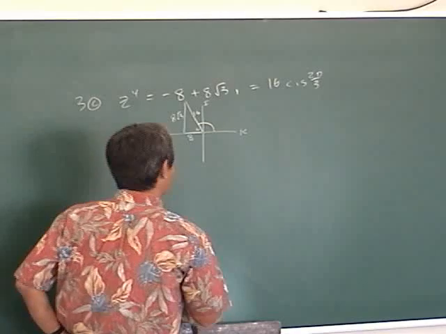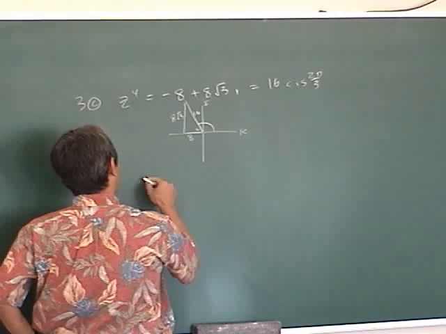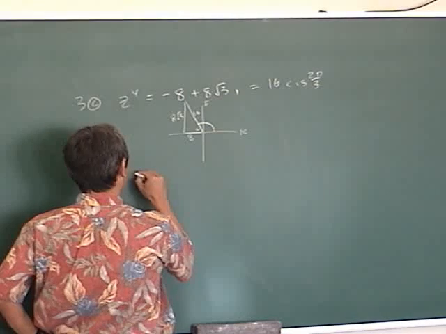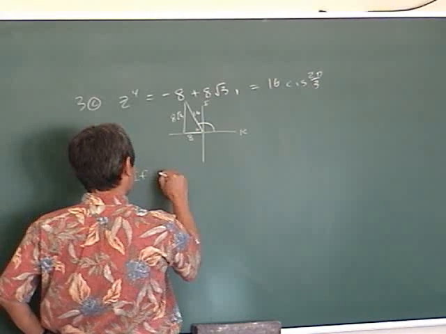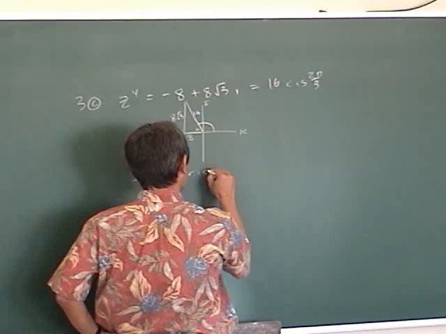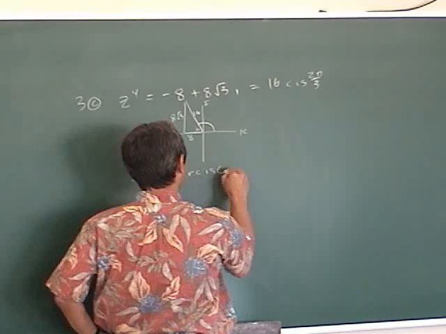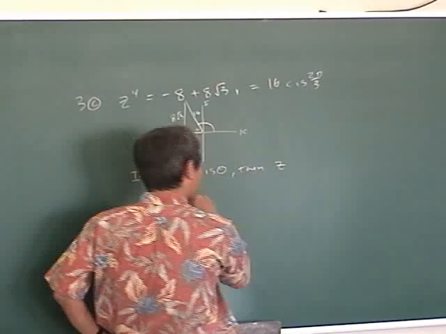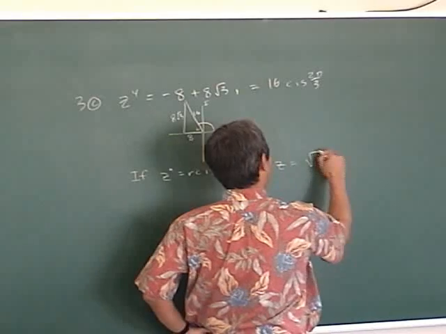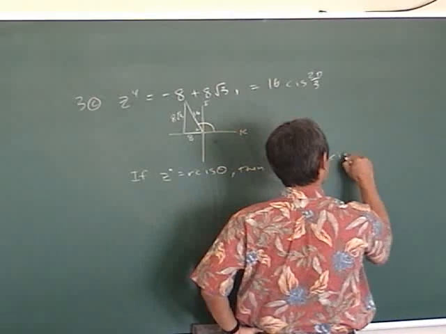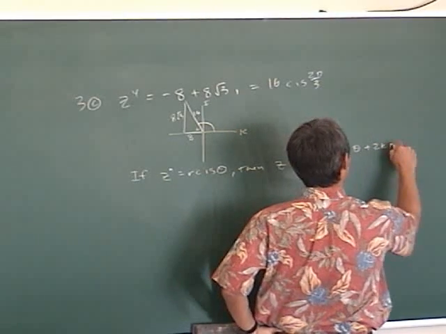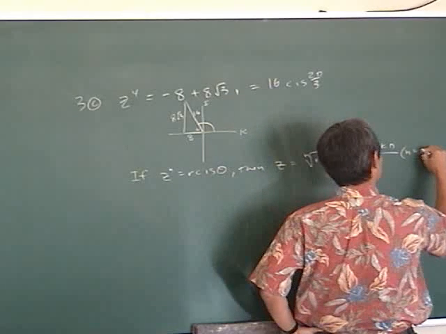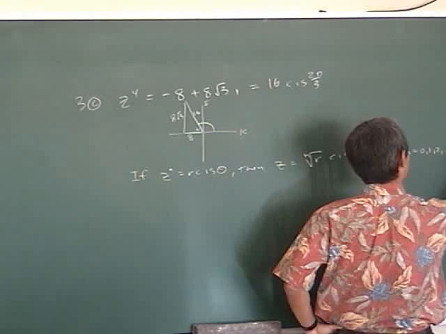Okay, let's apply the theorem. Should I even write the theorem on the board for you? Because some of you don't. If z to the nth power equals r cis theta, then z, in other words solving this equation, is equal to the nth root of r cis of theta plus 2k pi all over n, where k is equal to 0, 1, 2, dot dot dot, n minus 1.